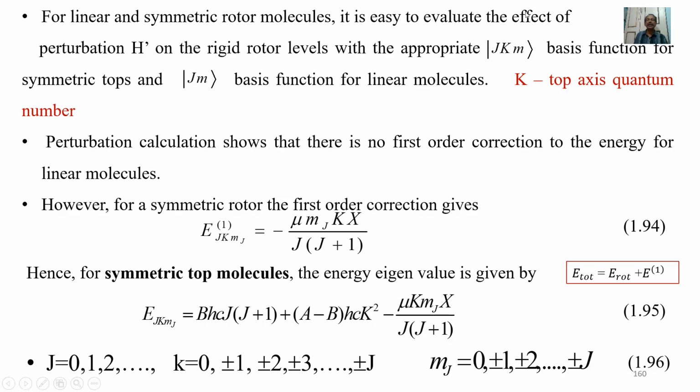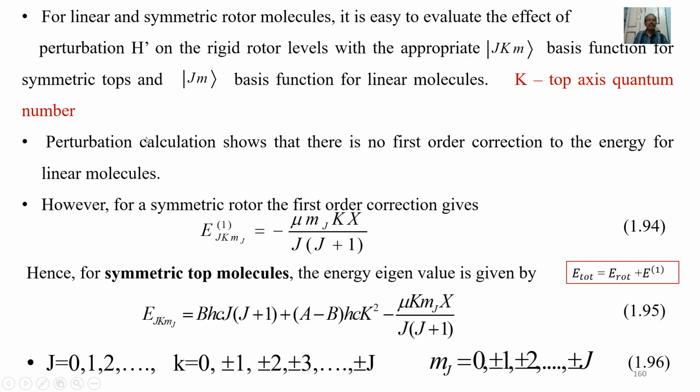Here, K is the top axis quantum number. For linear molecules, there will be no top axis quantum number. We have only J and M. For symmetric top molecules, the joint eigenstates J, K, M, with all three quantum numbers, are the basis.